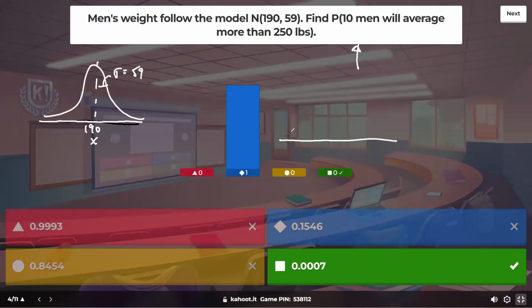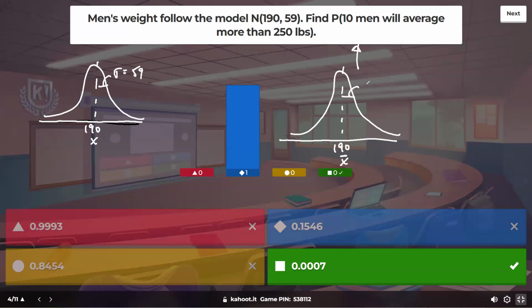So we have a second distribution. It has the same mean, but this is the mean of the distribution of the sample means. So if we're taking a sample of 10 guys, sample of 10 guys, sample of 10 guys, finding the average of 10 guys each time, on the average, the average of the averages should just be the average.